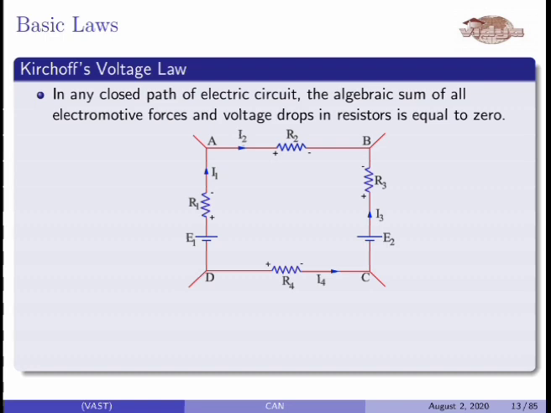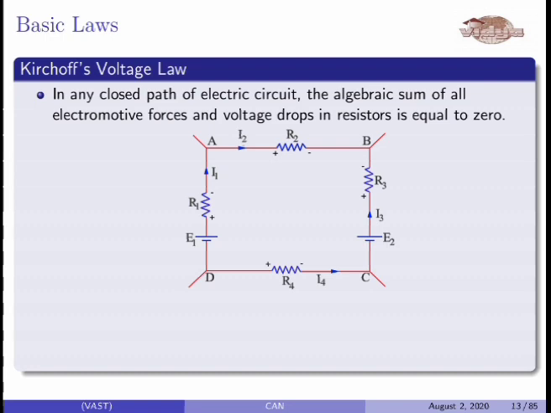Okay, so here in the figure you can see a simple circuit, a simple mesh or closed loop, which is a part of a large network. So ABCD is a simple loop in a circuit. How to apply Kirchhoff's voltage law? In order to apply it, you have to first mark the polarity of the voltage drops across the resistances.